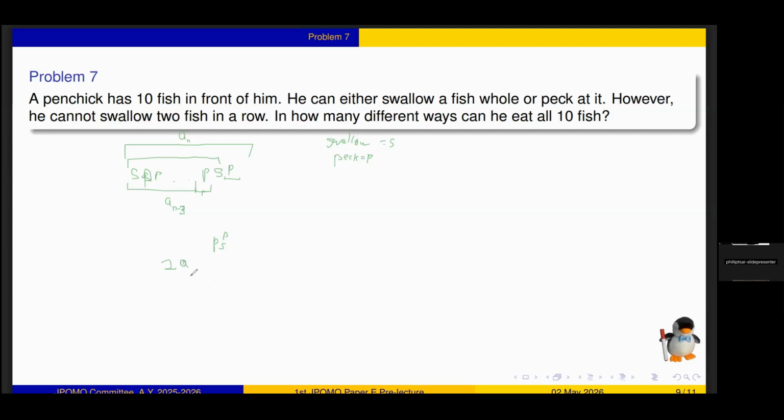Wait, actually, it's not Fibonacci, is it? Wait, it might be Fibonacci. Anyways, it's two times the number of ways.